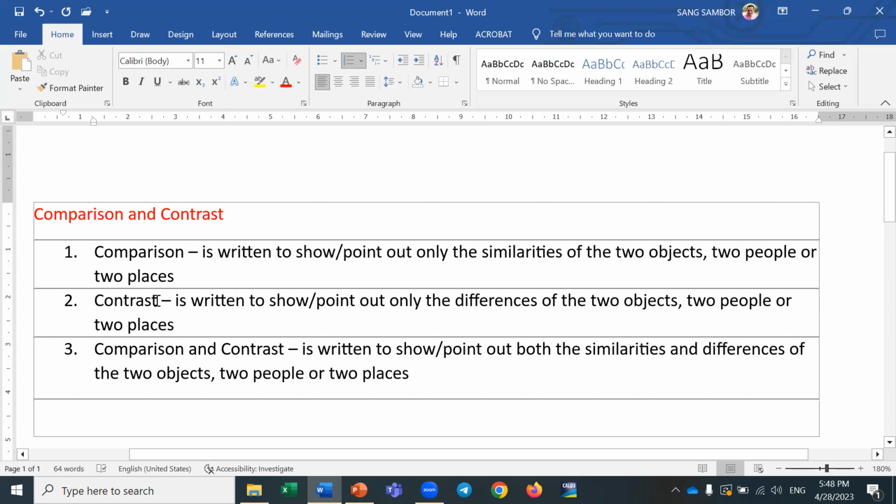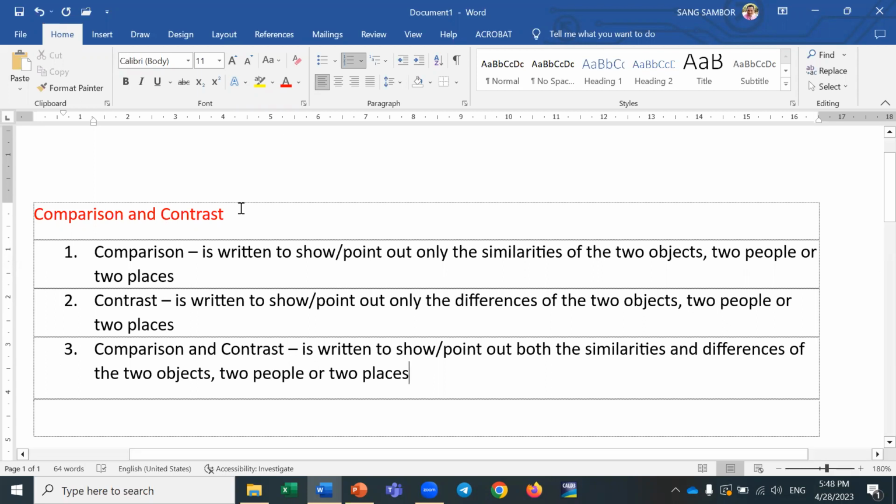But if you are asked to write the contrast, you point out only the differences. The last one, you may include both similarities and differences of the two objects, two people, or two places. That is how we define comparison and contrast.